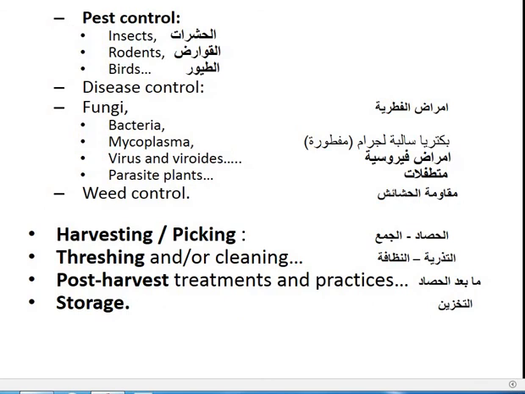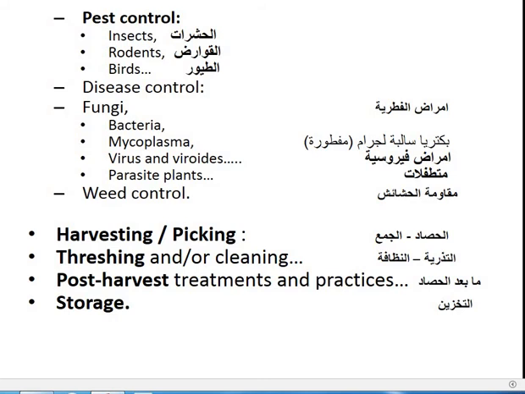Another operation after planting is pest control. We know insects, rodents, birds. We also do disease control. We have fungal diseases, bacterial diseases, or mycoplasma, which is a kind of small organism like bacteria.